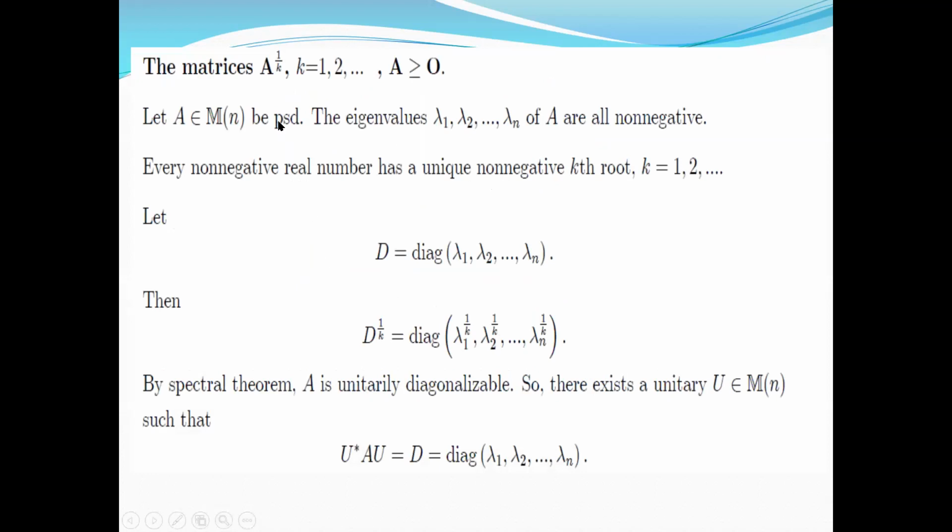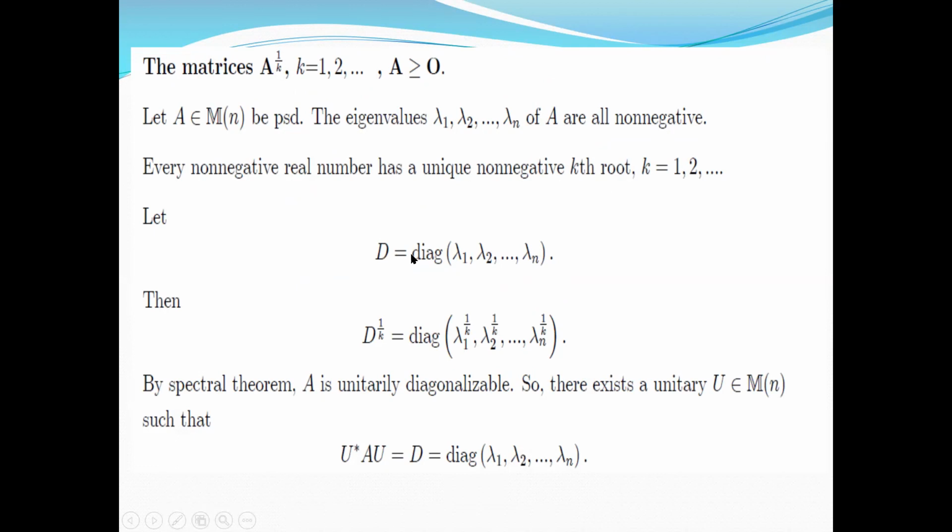Yes, sir. Now we define this matrix, for example, square root, A to the power 1 by 2, 1 by 3, etc., when A is positive semi-definite. Let A belonging to Mn be positive semi-definite, so its eigenvalues are all non-negative. Now, every non-negative real number has a unique non-negative kth root.